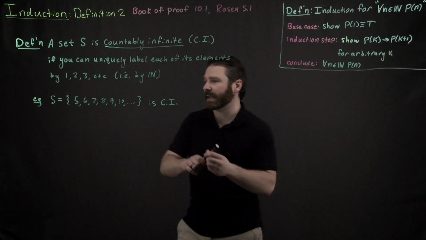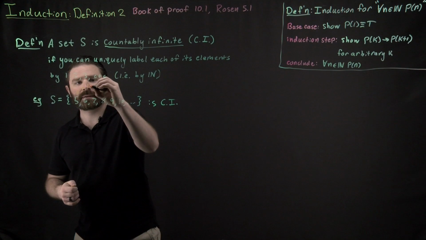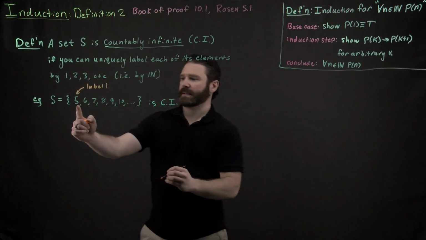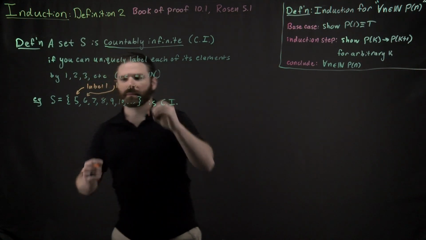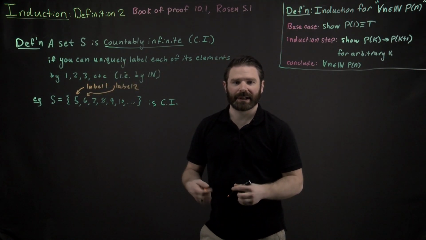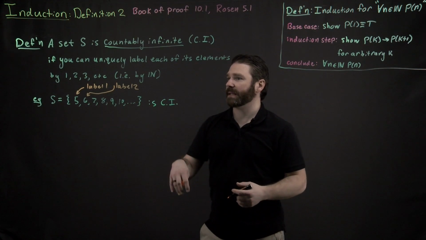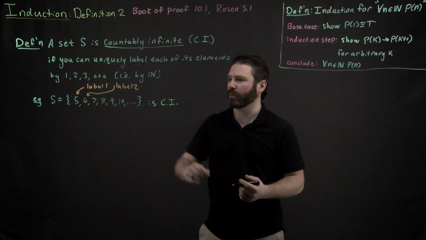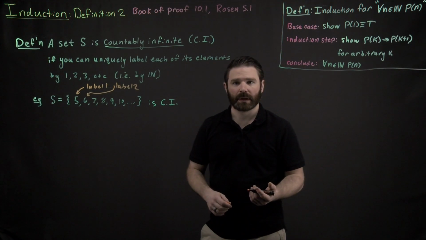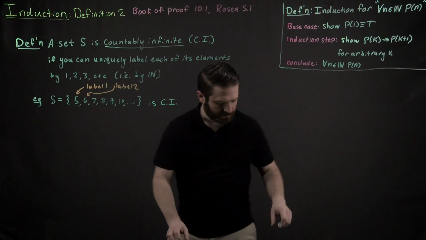So we could label this one as 1. The next one gets label 2, etc., etc. So it's pretty easy to see that we can uniquely label every single one of its elements by 1, 2, 3, 4, etc.